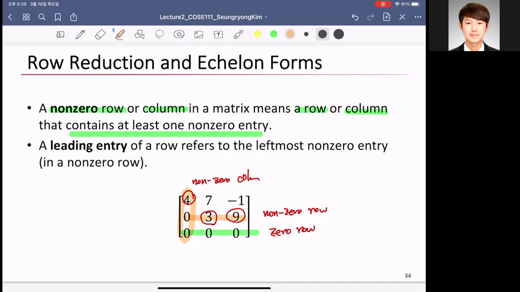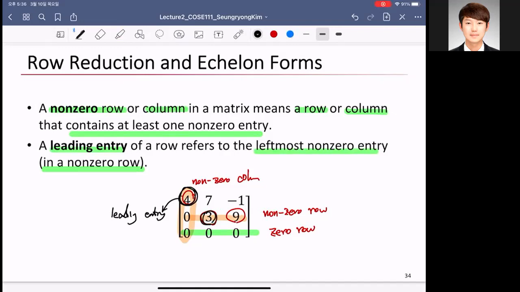This is the definition of the non-zero row or non-zero column. And one more thing is the leading entry. Leading entry of the row refers to the leftmost non-zero entry in a non-zero row. So, for example, the leftmost non-zero entry here, this one is the leading entry of row 1, or first row, right?